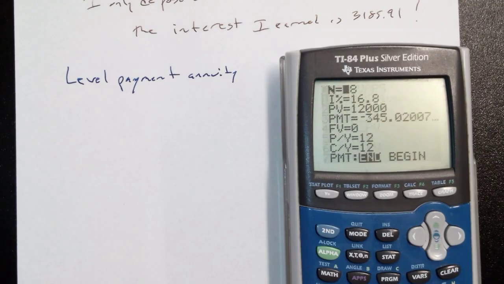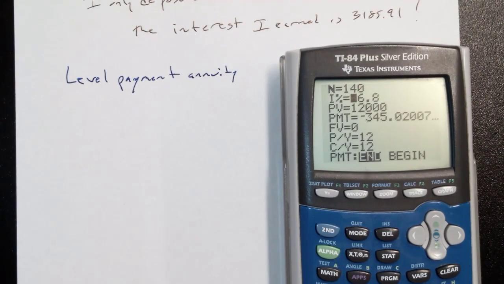I'm going to hit that and look at all these options I suddenly have. I made 140 payments, right? 140 payments at an interest rate of 9%. The present value, the amount I started with, nothing. The amount I put in was $30. Why am I making it negative? Because I put it into the account.